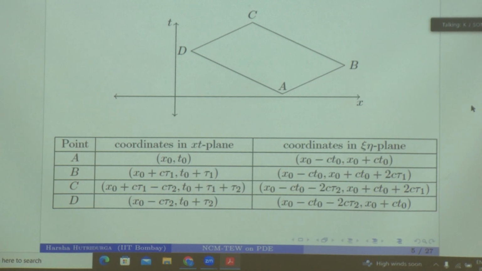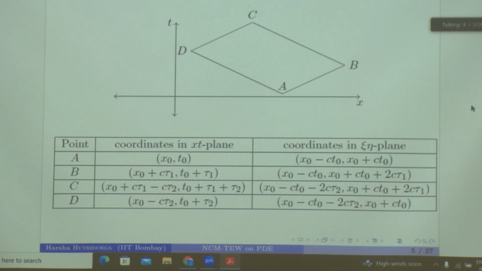Now, if I have to draw a line here which has got a slope which is equal to 1 upon c, okay, or kappa, and it has to have the y coordinate which is equal to t naught plus tau, okay. So how much I have to go in this direction? So that's what I'm saying.